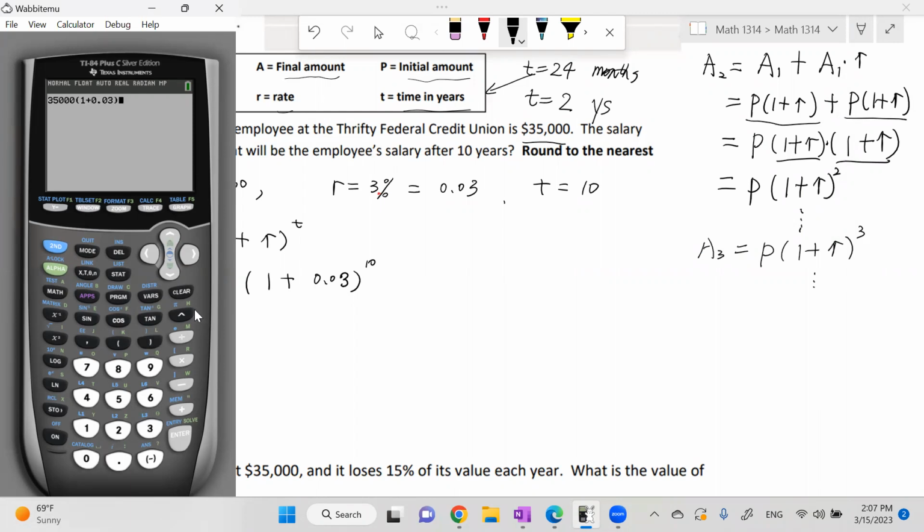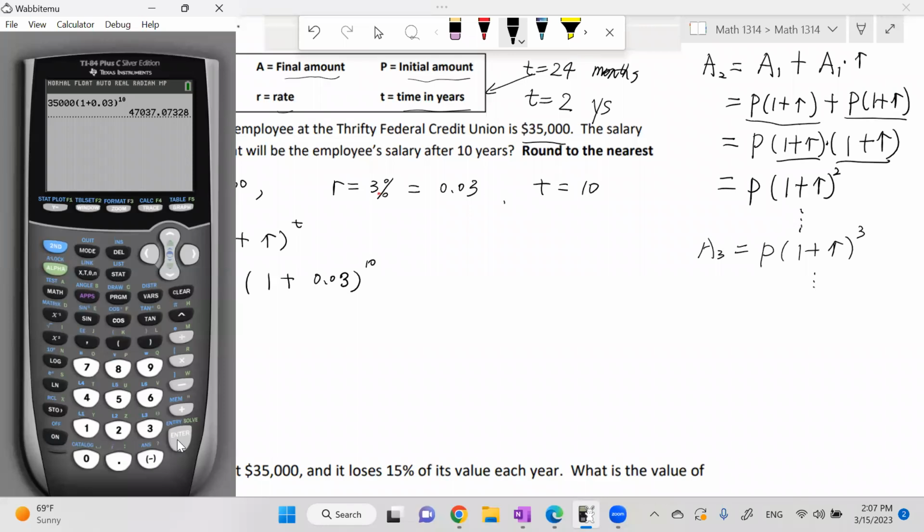Close the parentheses. Click the caret sign, or exponent sign, between clear and the division key. So click here, we put 10 there. Move the cursor. Hit enter.